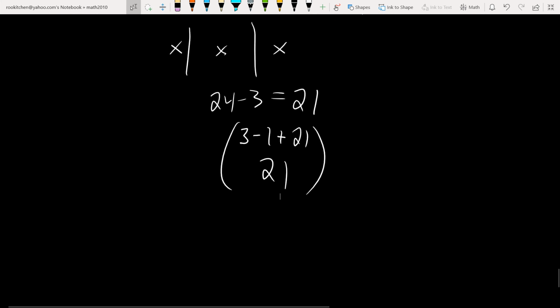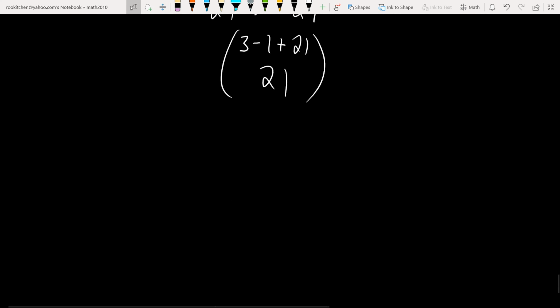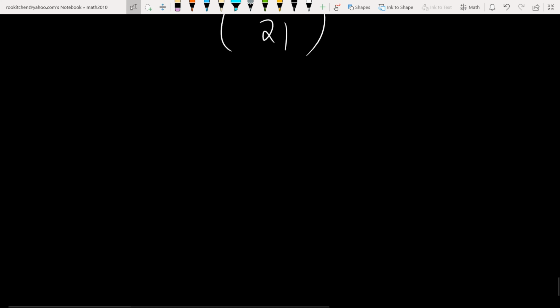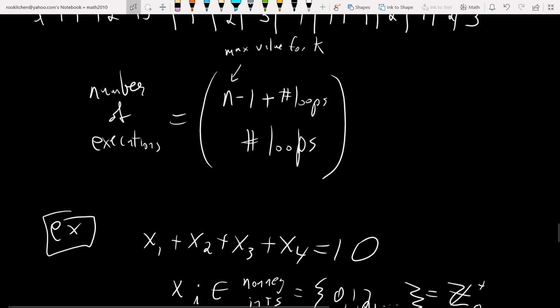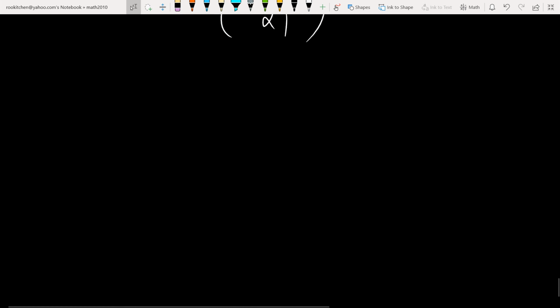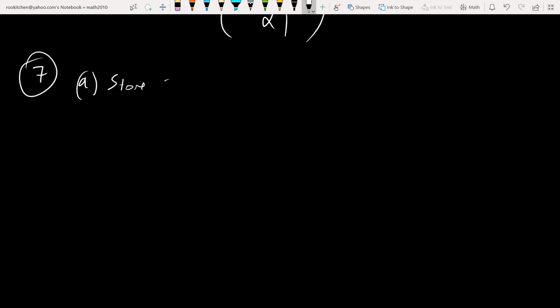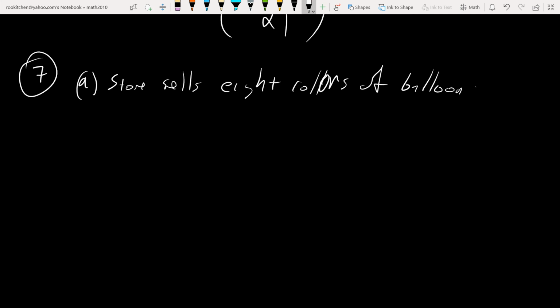Okay, so let's go back now and look at a more complicated version of the Coca-Cola problem with the number of cans of Coke or Sprite or whatever. In this case, number 7, the store sells 8 colors of balloons. Sorry, my English spelling is terrible.